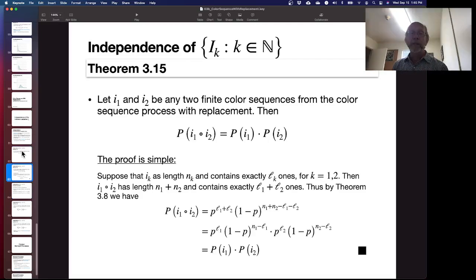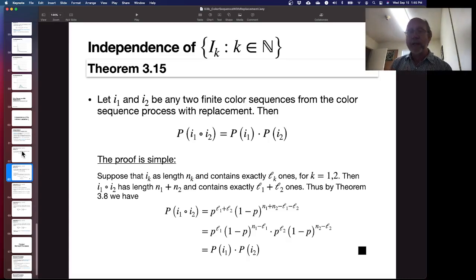The proof is actually really simple. We know that the probability of a color sequence is the success probability p raised to the number of ones times the failure probability 1 minus p raised to the number of zeros. If you think about a concatenation, I1 concatenated with I2, how many ones are in that?